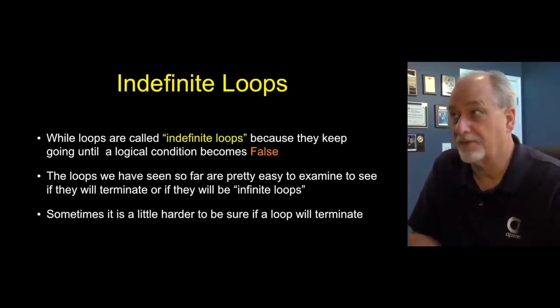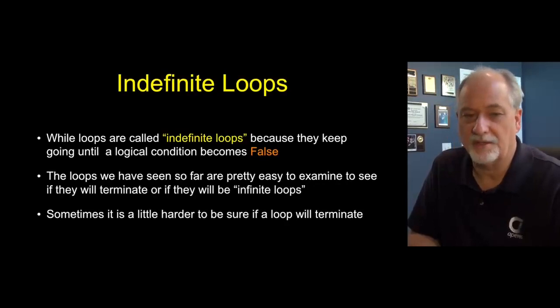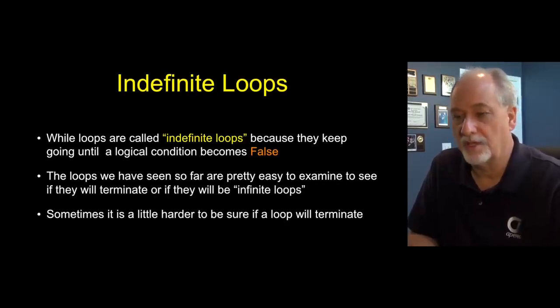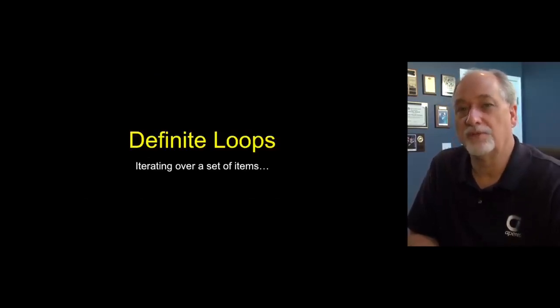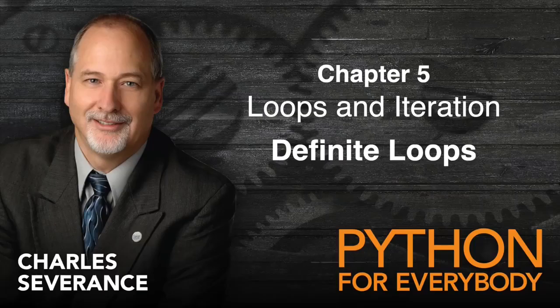But sometimes, if they're long and complex and their exit or termination conditions are more complex, it's not clear that they're really going to terminate. And so we can use while loops for a lot of things, but for most of our looping, we're going to use what are called definite loops, and that's what we're going to talk about next.